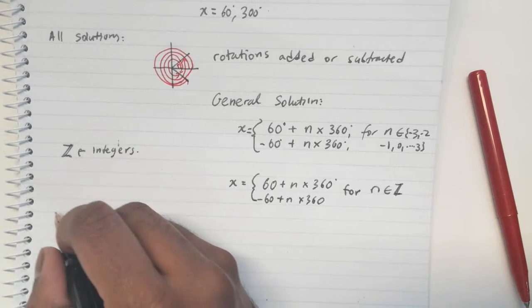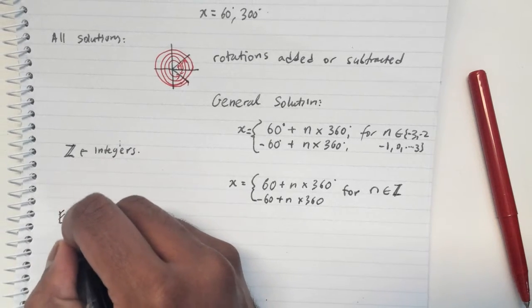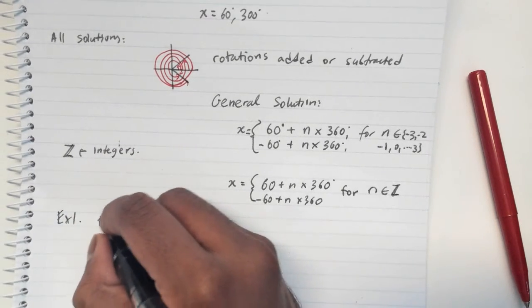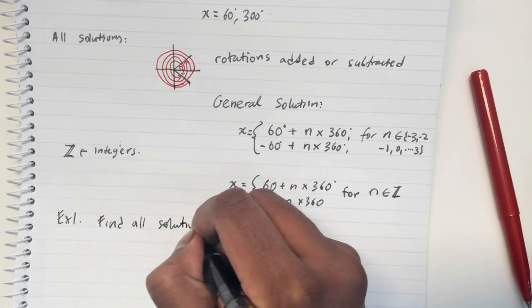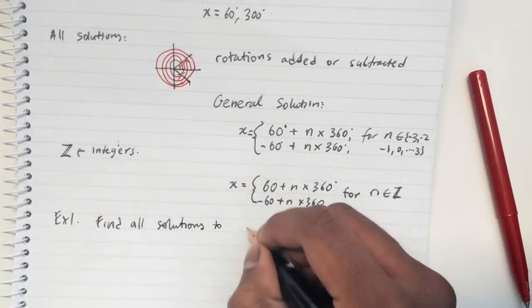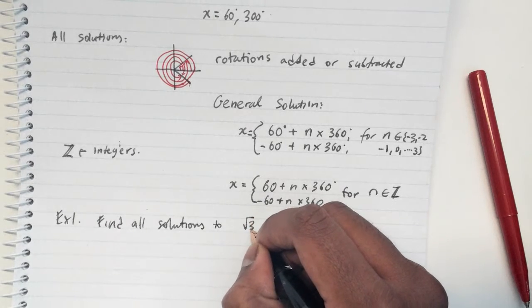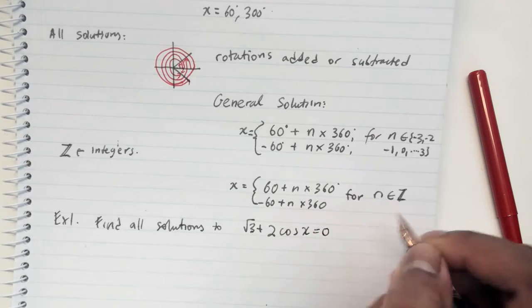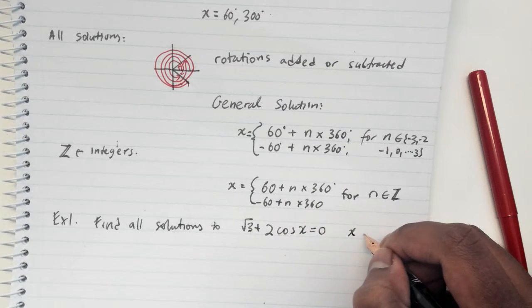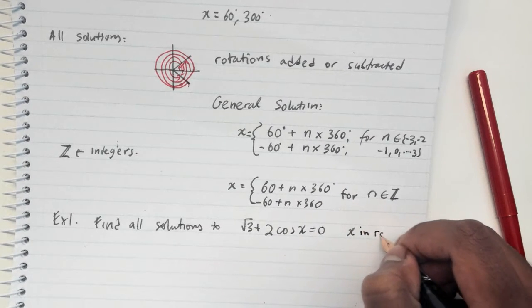Alright, so let's do example 1. Find all solutions to root 3 plus 2 cosine x equals 0. x is in radians.